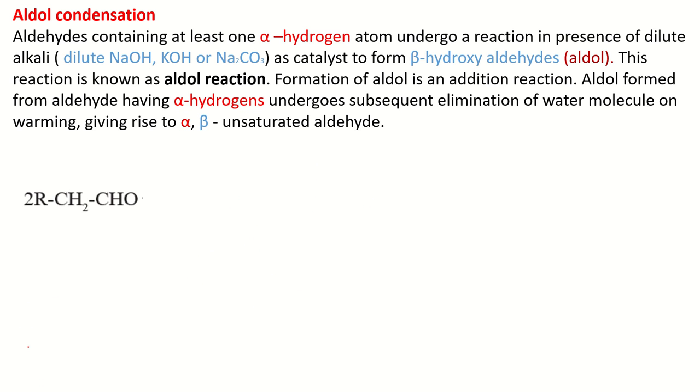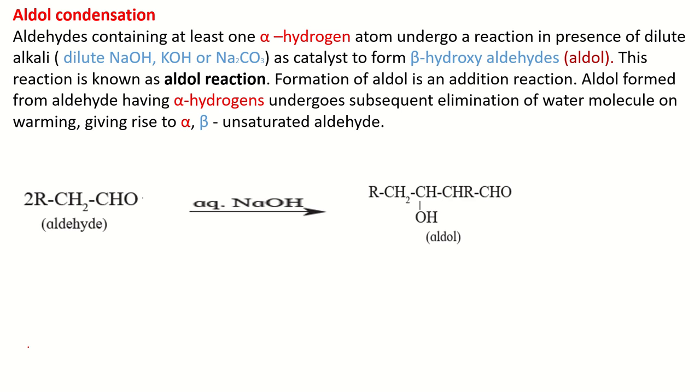So this propanal is treated with aqueous sodium hydroxide. It is a dilute alkali. When this dilute alkali reacts with twice the amount of aldehyde, the resulting product is aldol.